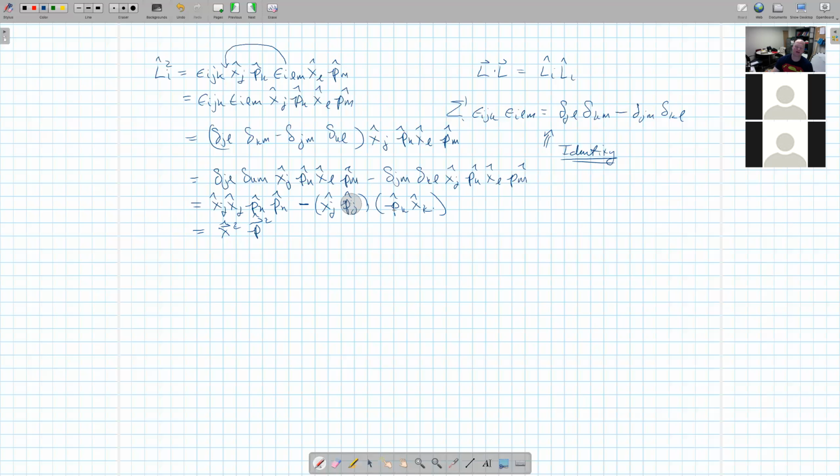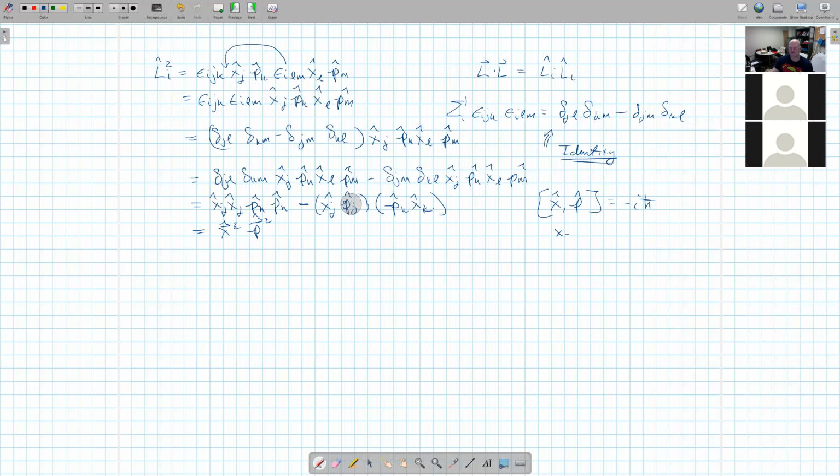Now notice that this term here is the same thing as this term, except it's out of order. In classical mechanics, for example, it doesn't matter the order in which I'm multiplying these, because we don't have things like the commutation relation to worry about. But in quantum mechanics, the order of these things actually matters because they are operators. So we now have to use our commutation relation, which says that if I take x commuting with p, this is equal to minus i h bar.